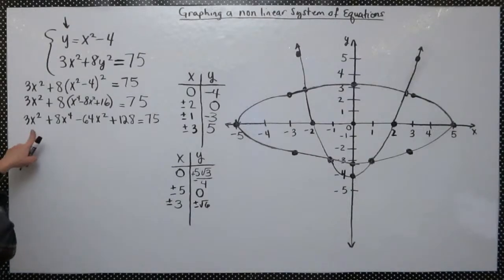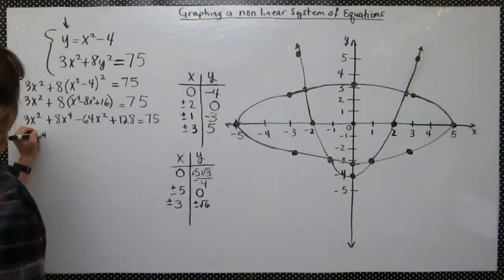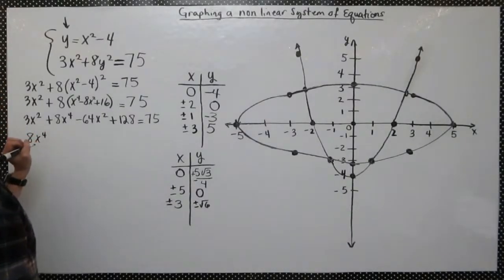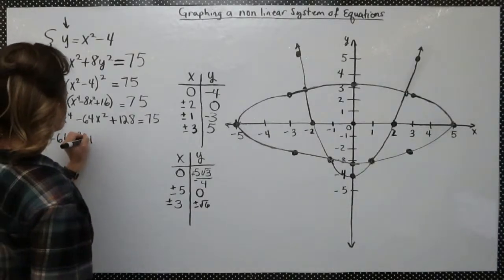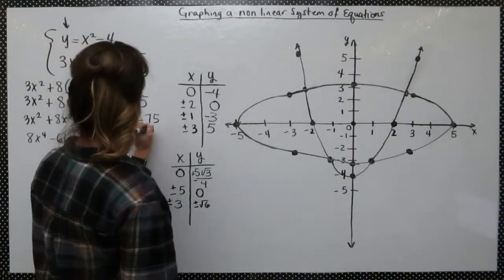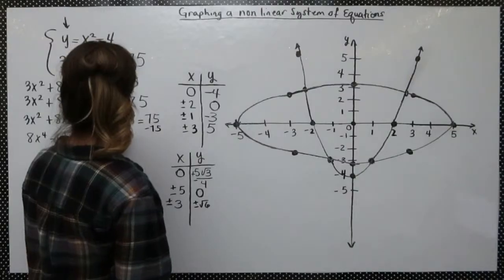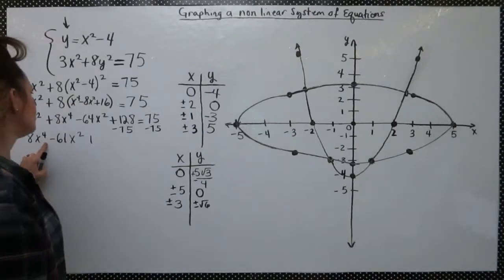And then we'll just add in the 3x squared here. And so that's going to give me 8x to the 4th. And then that is going to be 64 minus 3, minus 61x squared plus, in the same step, I'm going to go ahead and subtract 75 from both sides to set it equal to 0, because that's how you solve higher order polynomials.